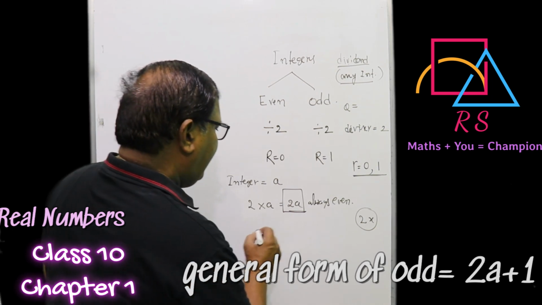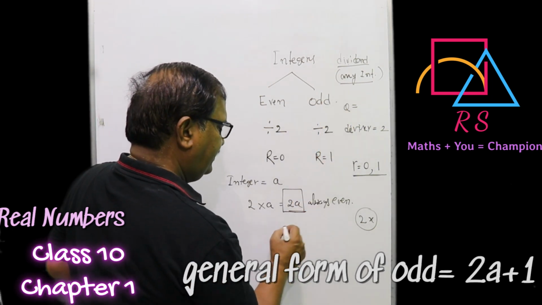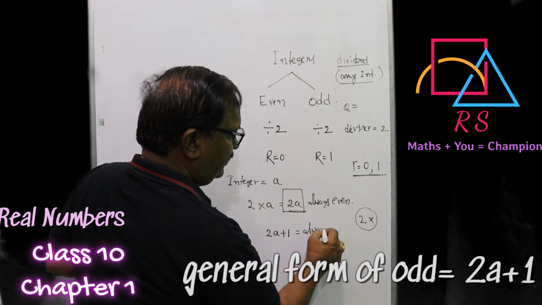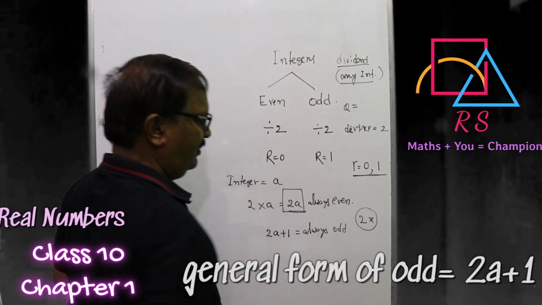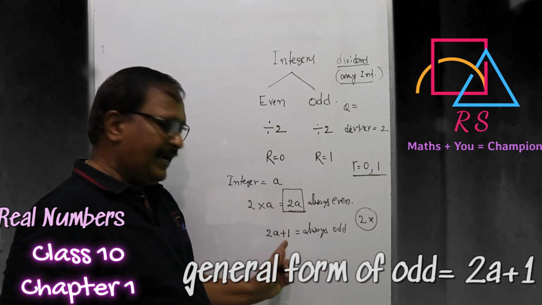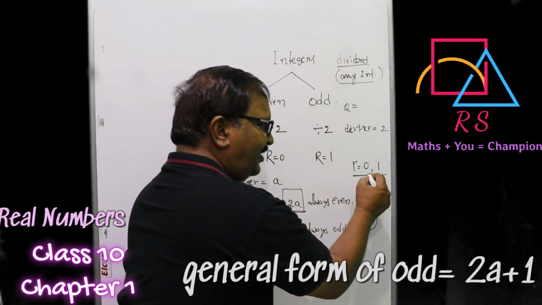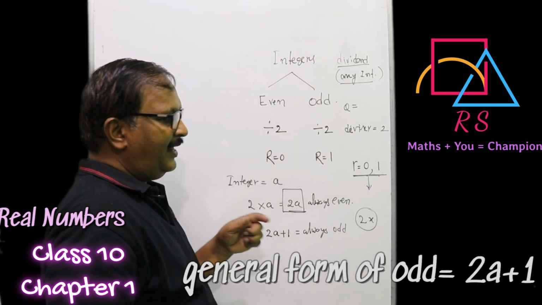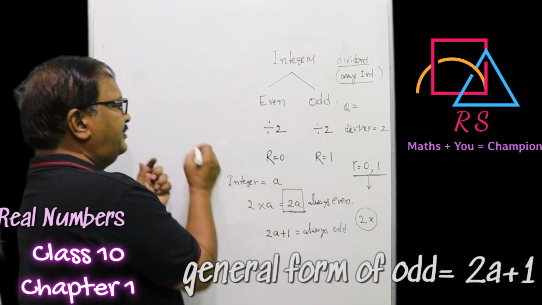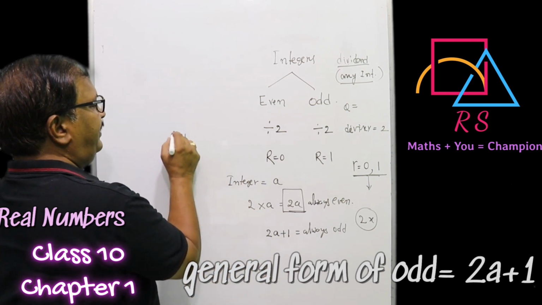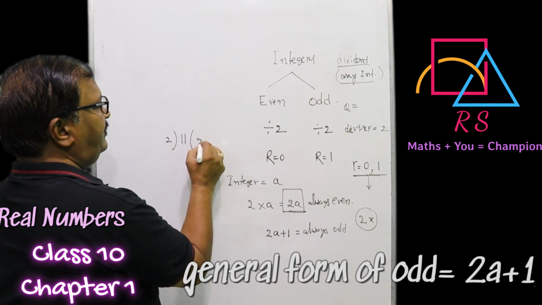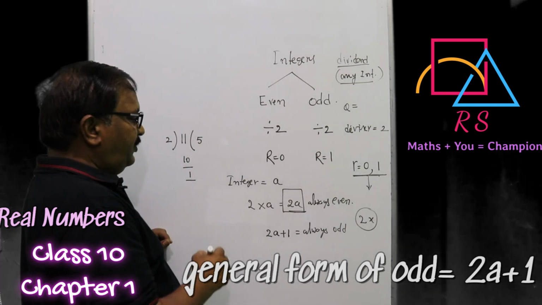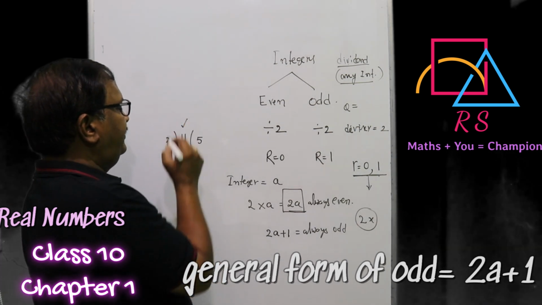Then how do you get an odd number from this? You add 1. 2a + 1 is always an odd number. If you add 1 to an even number, you always get an odd number, because there are only two possibilities, remainder 0 or 1. For example, take 11 divided by 2: the quotient is 5 and the remainder is 1, so this is an odd number.